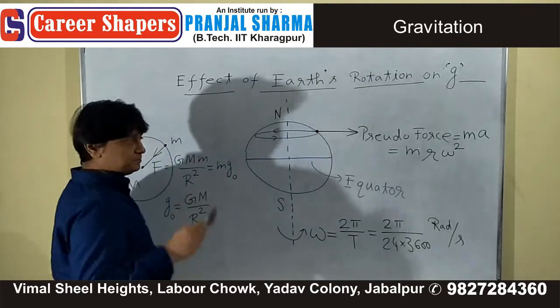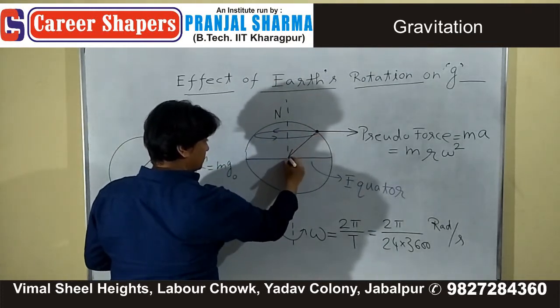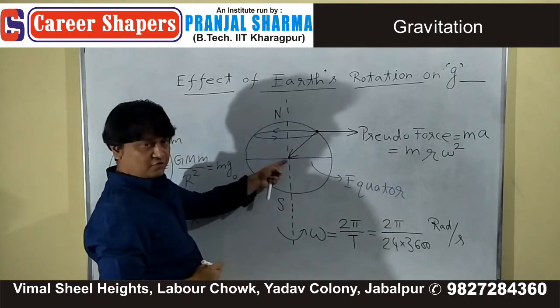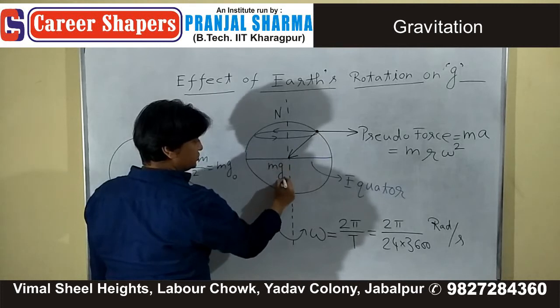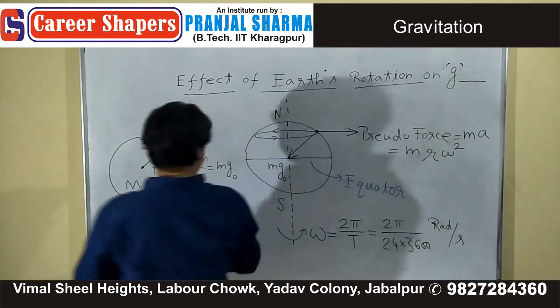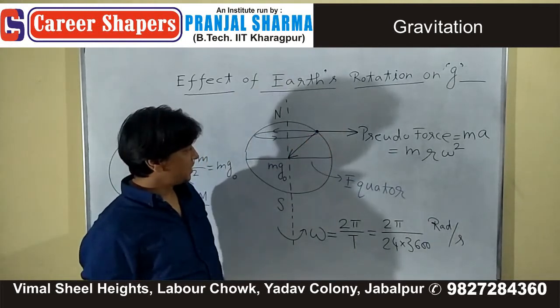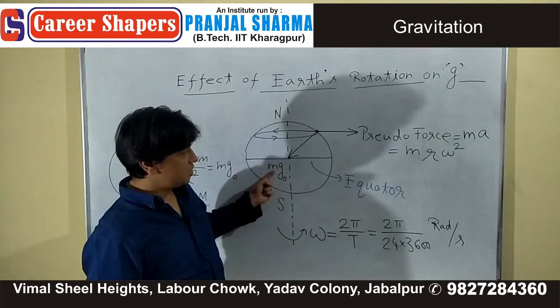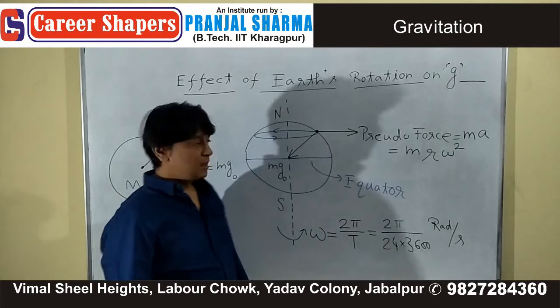At the same time, in this direction, towards the center of Earth, is present m g naught. So somebody present on the surface of Earth is going to experience these two forces, m g naught and the pseudo force m r omega square.